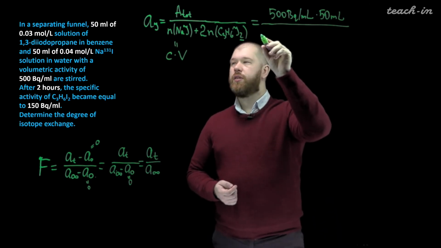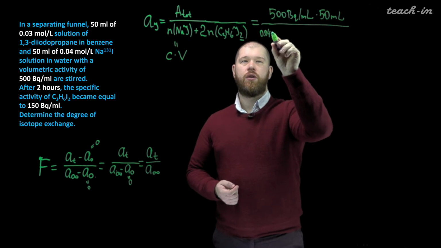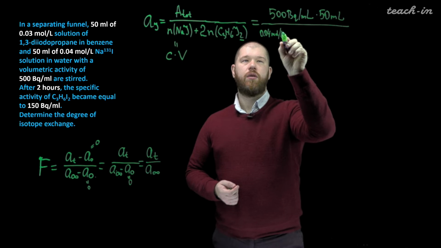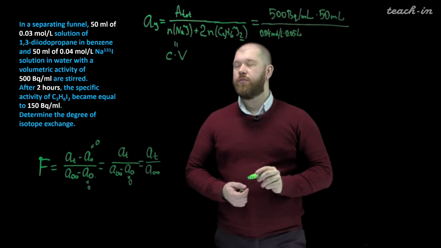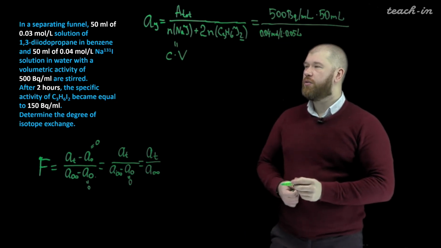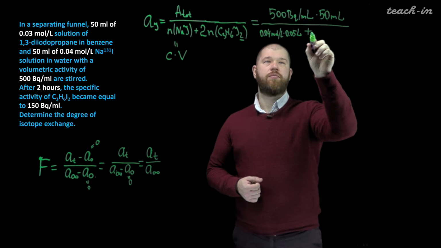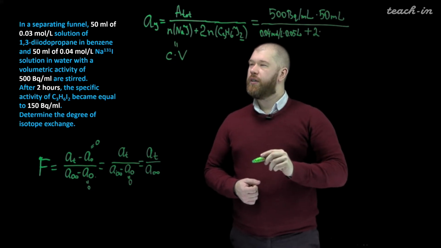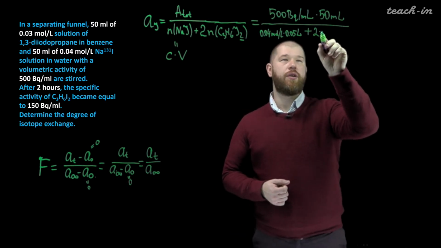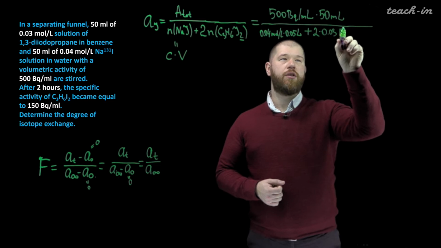Thus, it will be 0.04 mole per liter multiplied by 0.05 liters, so we convert milliliters to liters, plus 2 multiplied again by the concentration of diiodopropane, 0.03 mole per liter.